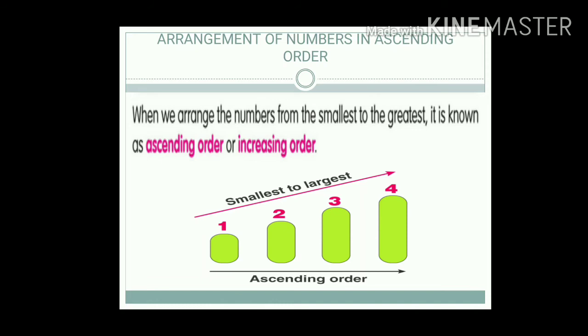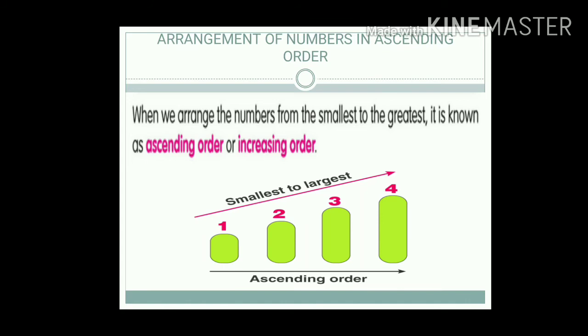What you did just now, children? Yes, in the same manner. See the picture over here. The numbers 1, 2, 3, 4 are all arranged from smallest to largest, isn't it? So this particular arrangement of numbers is known as ascending order.